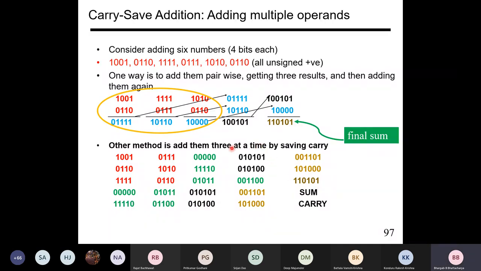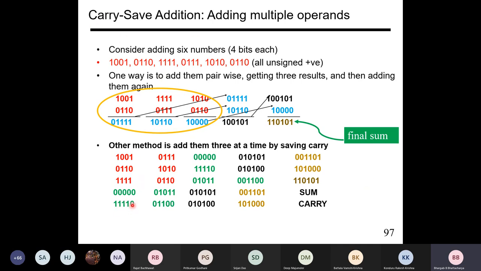What you can observe is that all the full adder blocks can operate independently. There is no signal flow. All of them are operating independently. Only at the last stage, there is sequential flow of carry. Got the idea? So this is what is called carry save addition.